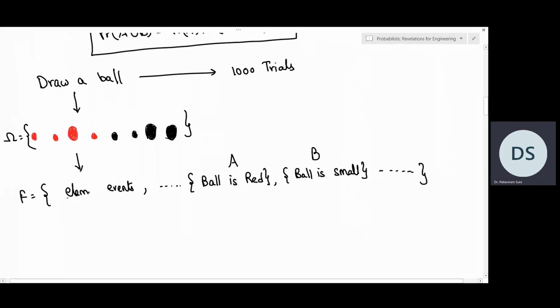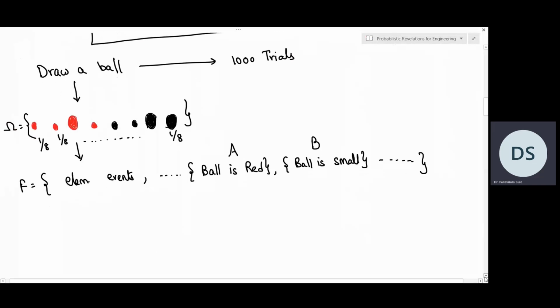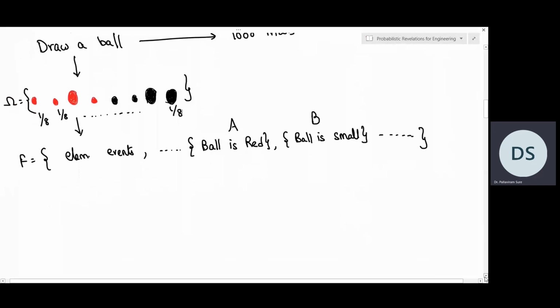Now we know an elementary event is having one ball at a time, so their probabilities are 1/8. Each one of these will have 1/8 probability. So we are interested in events and joint events. First let us focus on events.